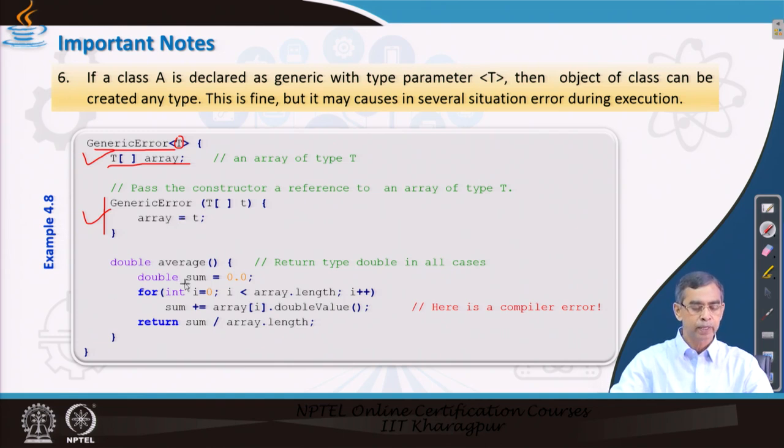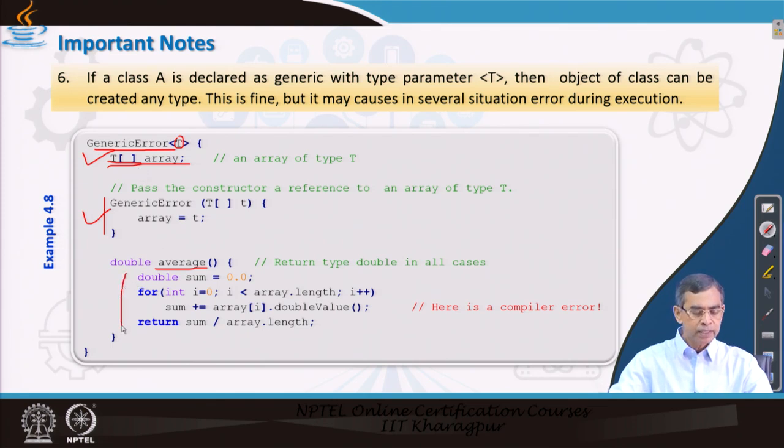Now, let us come to here. There is one method we have declared, the name of the method is average. The objective is that whatever values are stored in this array, this method will find the average of them. Note that this is an array of objects, and the method average will calculate the average value.